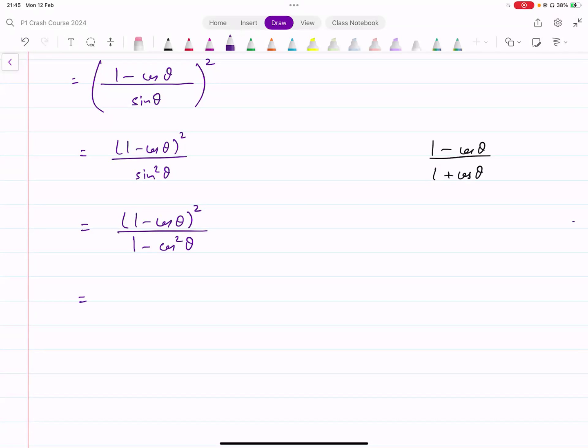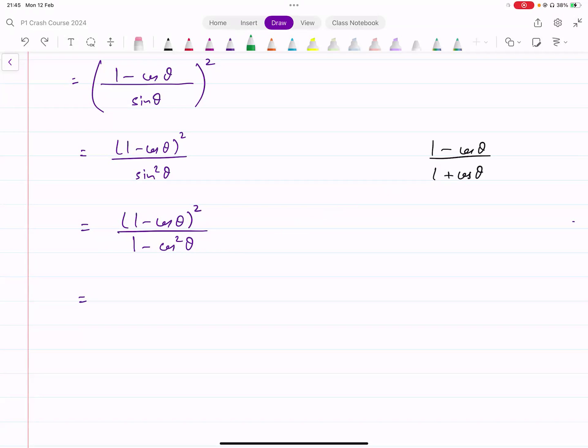What about this now? We wanted 1 plus cos theta, but we have 1 minus cos square theta. How do we go to that form now? Sir, we can use the identity 1 square minus cos whole square. Then we can write it as 1 minus cos theta and 1 plus cos theta.